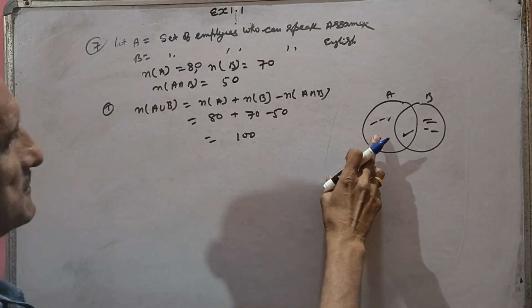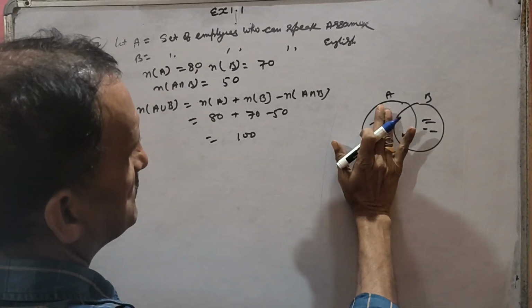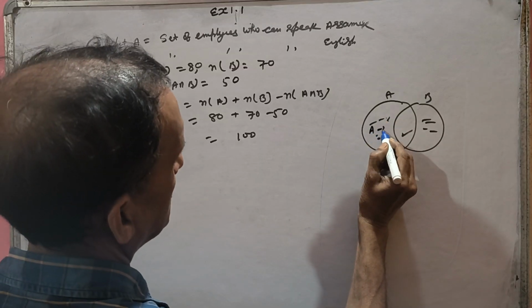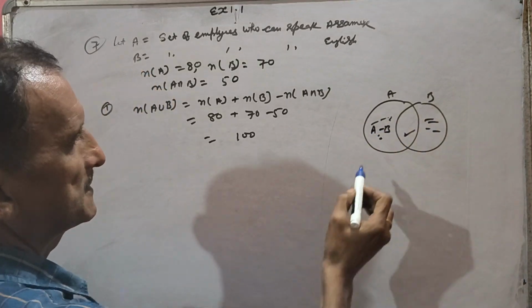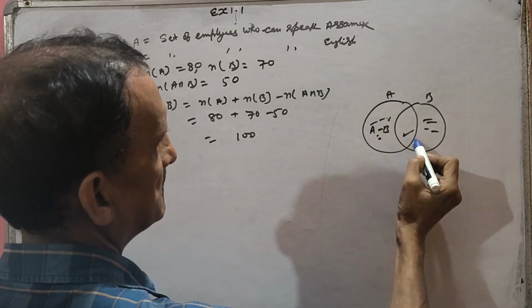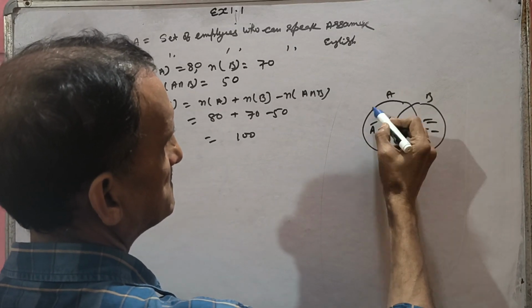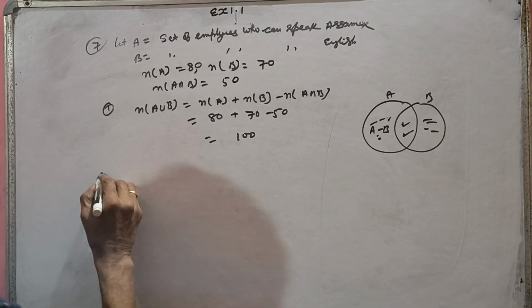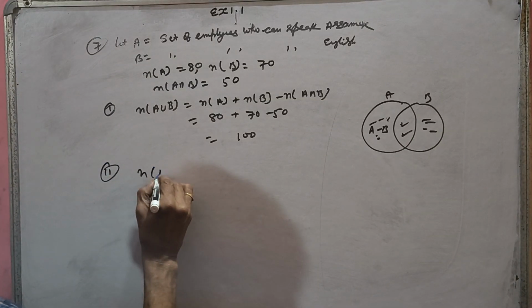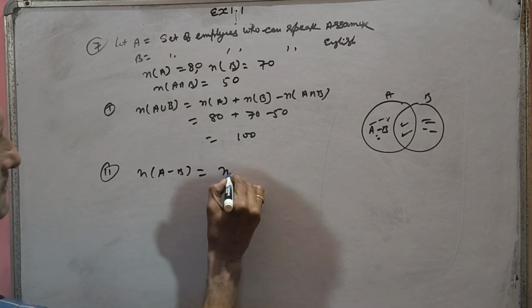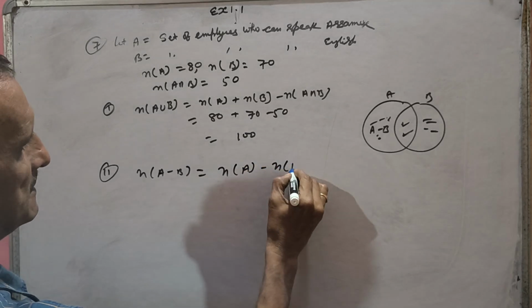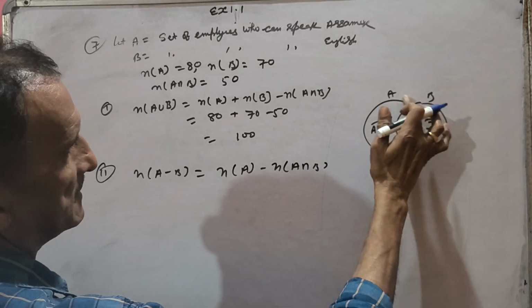So only Assamese means this portion, which is A minus B. So number 2, n(A minus B) equals n(A) minus n(A intersection B).